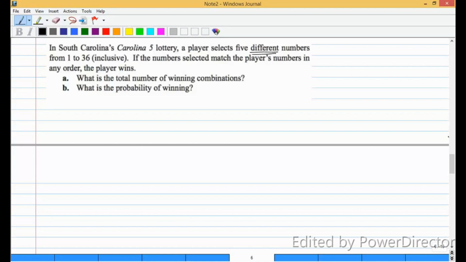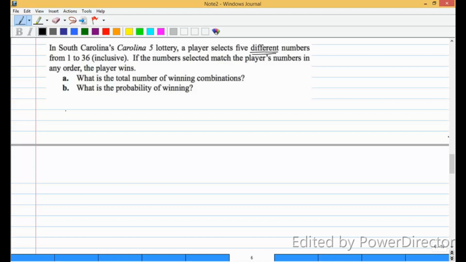If you've ever bought a Powerball ticket, it's almost impossible to win that, but it's even more impossible to get them in the same order that they're chosen. Okay, so this is a combination. We have 36 different numbers to choose from. How many are we choosing? 5, right?